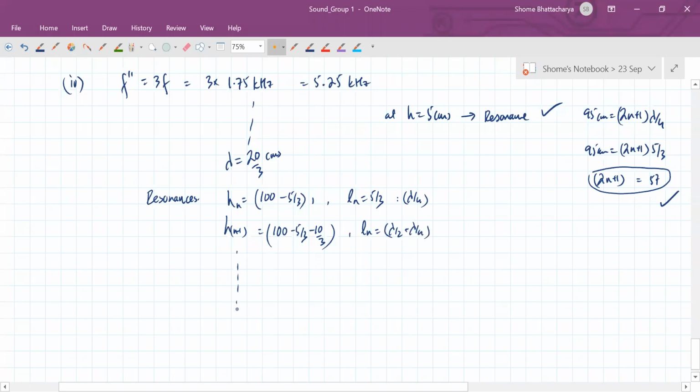and like this, the first one will be 100 minus 5 by 3 minus some n minus 1 lambda by 2, or the length of the vibrating column will become n minus 1 lambda by 2 plus 5 by 3.